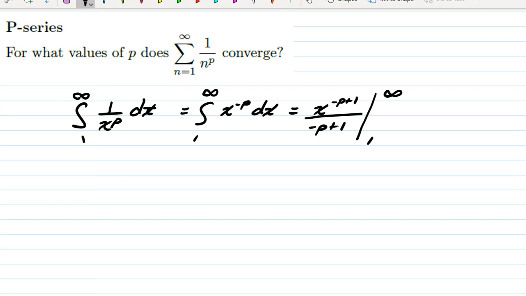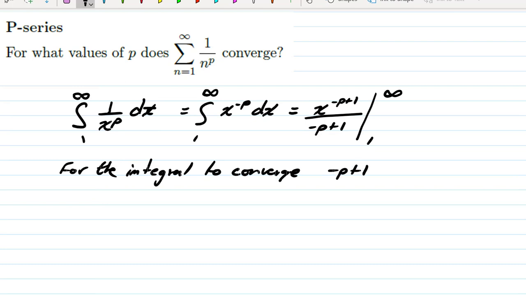The term in the numerator, x to the negative p plus 1, will only converge if the x is in the denominator. To move the x into the denominator, the exponent has to be negative. So for the integral to converge, negative p plus 1 must be negative.